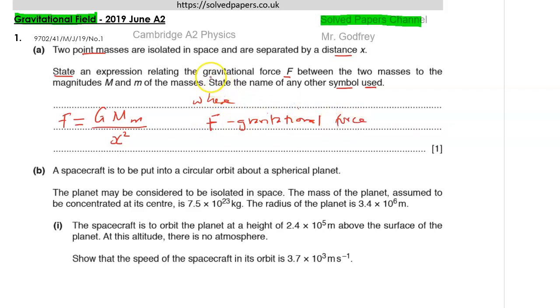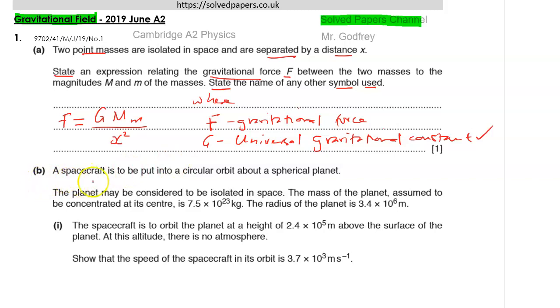G is the universal gravitational constant. x is the separation distance we're given there, and of course m are the masses which are stated there. So state the name of another symbol used. This is the one which is not provided for in this statement.